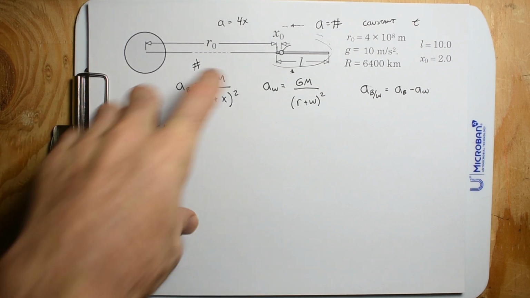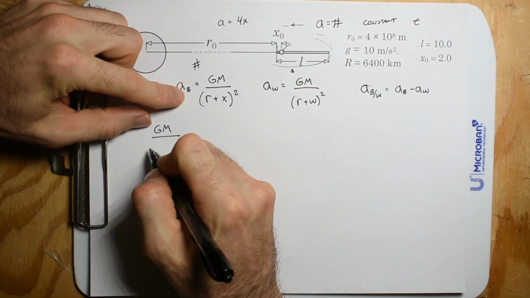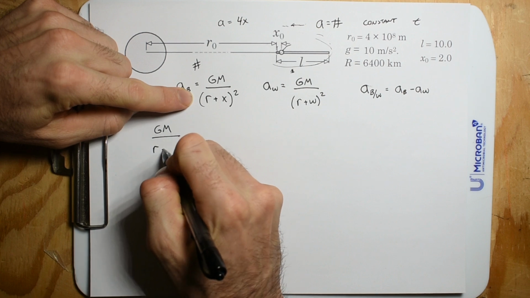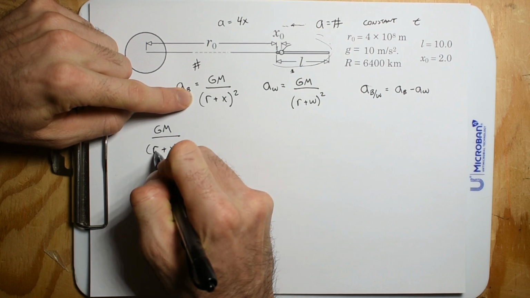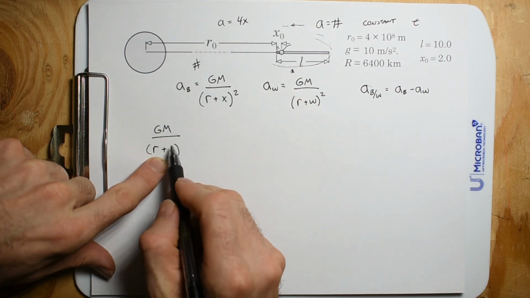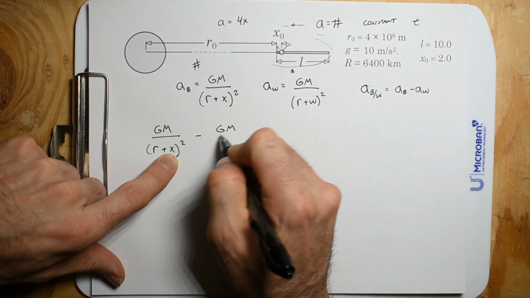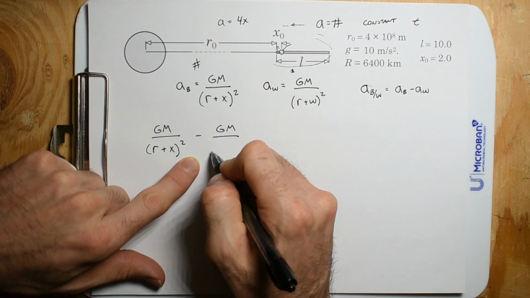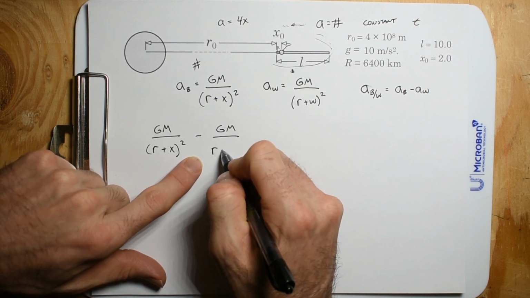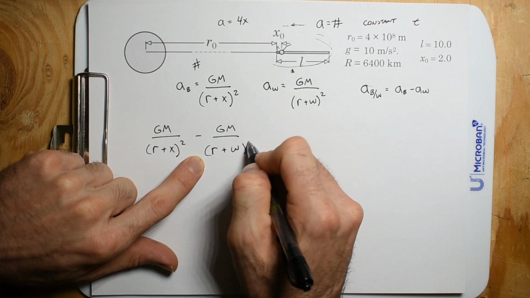So hell yeah. All right, so we have the acceleration of the bead that's going to be bigger. R plus the distance to the bead, squared, minus Gm, and then we have r plus omega squared.